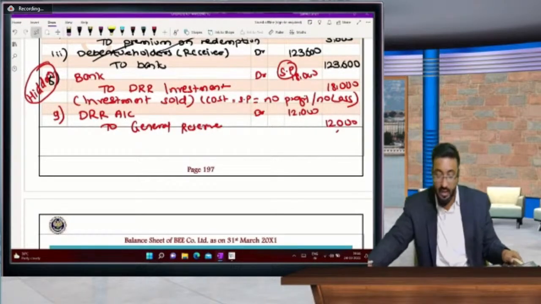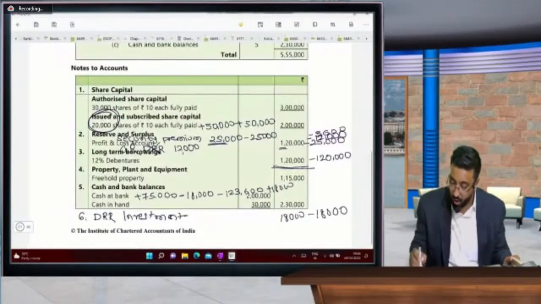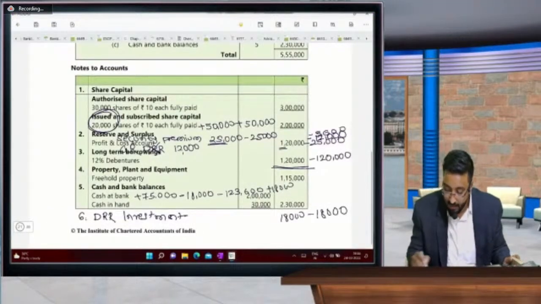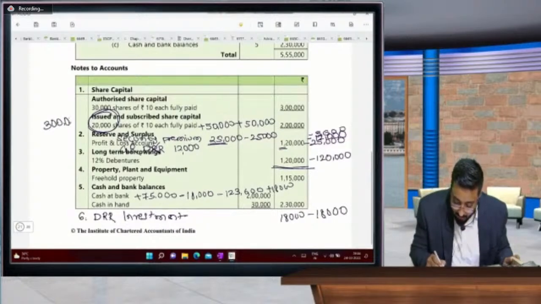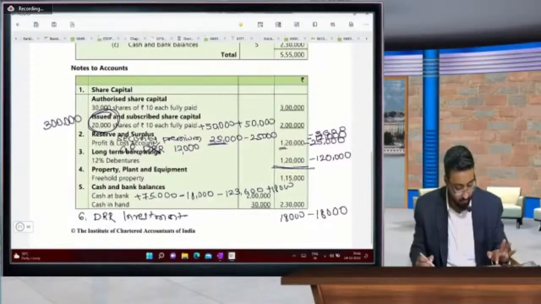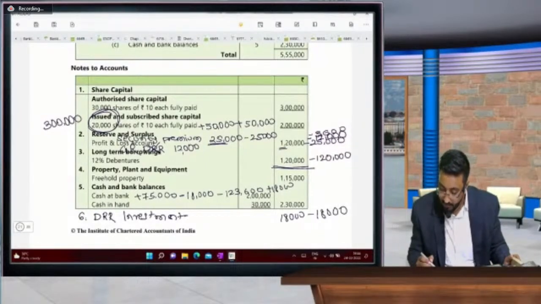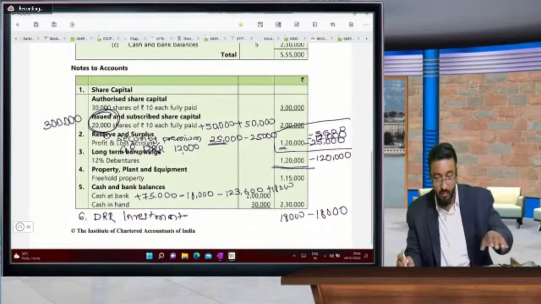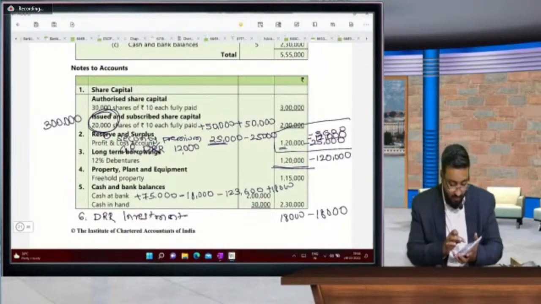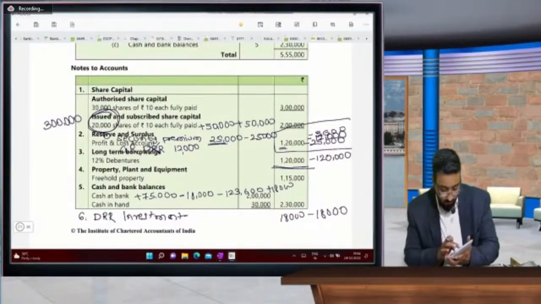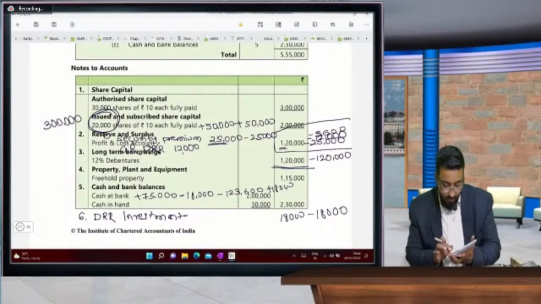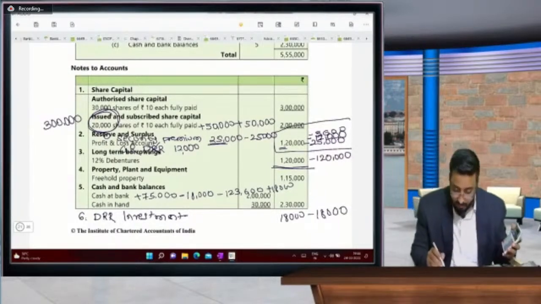Yes, now tell me, are you getting a tallied balance sheet or not? Chalo, 2 lakhs plus 50 plus 50. So equity share capital 3 lakhs. Security premium 0. Here P&L account. Yes, you can take on calculator 120 minus 3.6 minus 12 minus 25. 79.4 plus 12,000 of general reserve, 91,400.